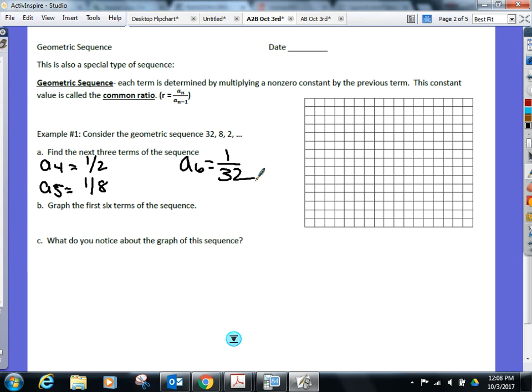One half, 1/8, 1/32. Yes? Dividing by 4, multiplying by 1/4.